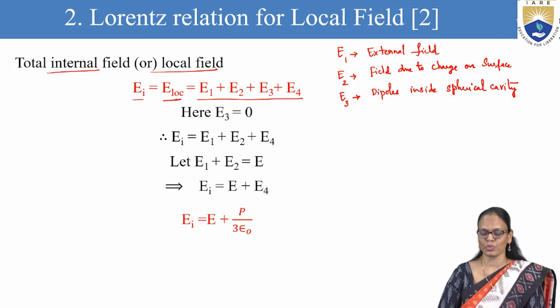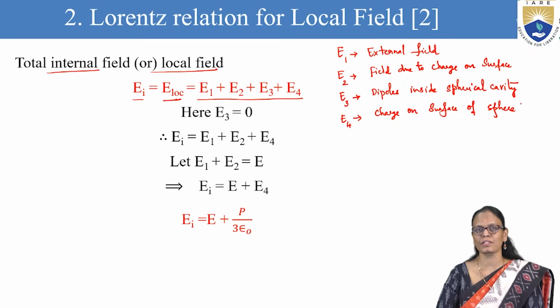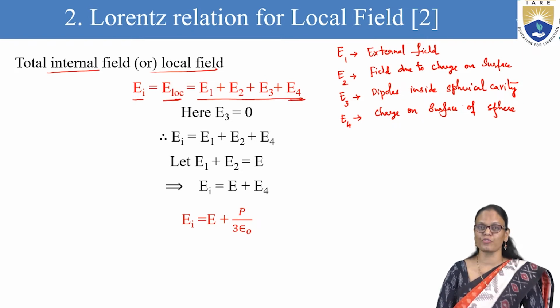And we have E4, which is due to charge on the surface of the sphere. This spherical cavity also has separation of charges, and because of that there will be an electric field which we call E4.